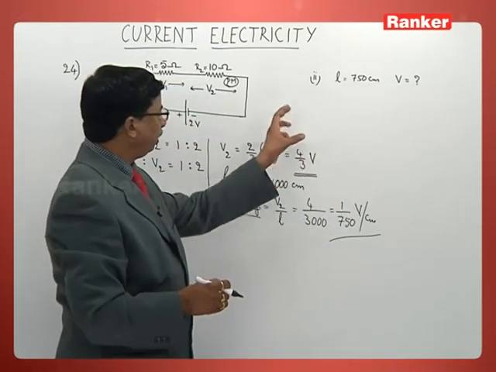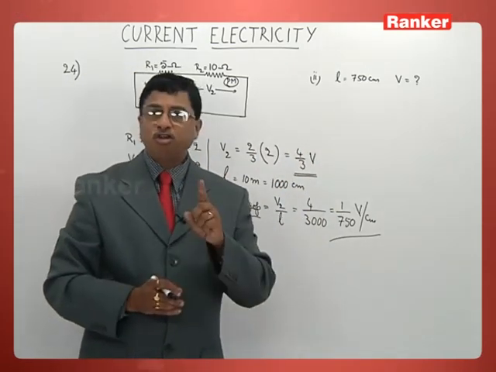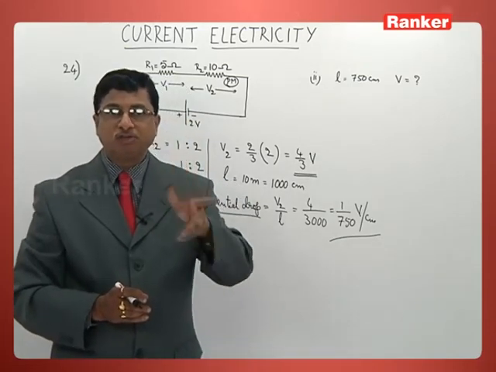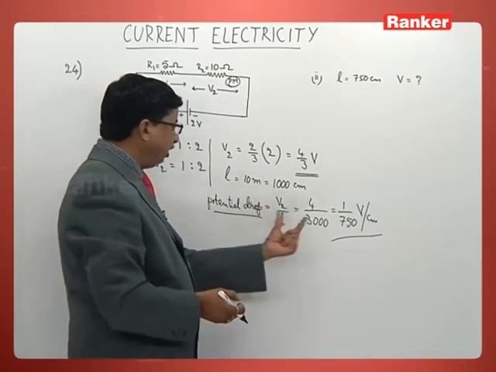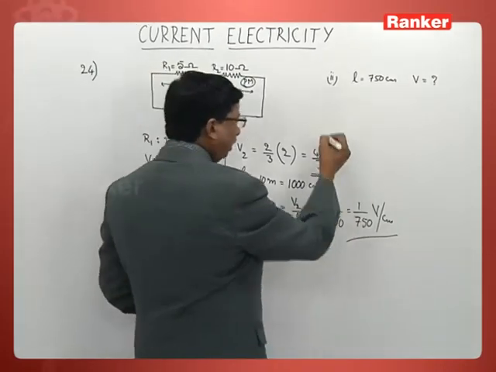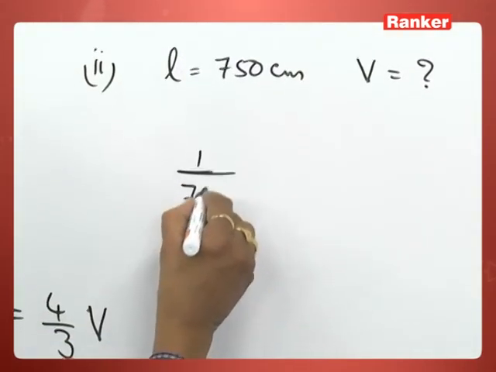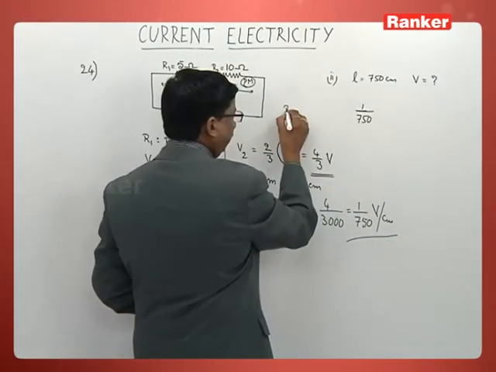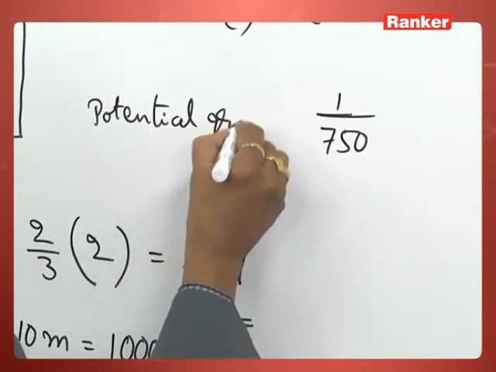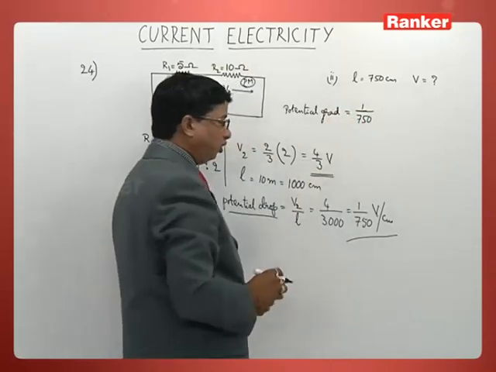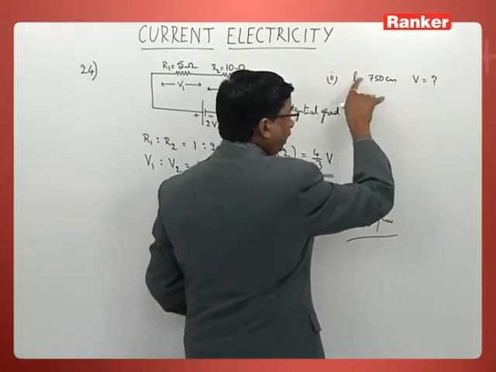So you all know, according to the basic principle of potentiometer, potential gradient should be constant. So what should I write now? Potential gradient over here is 1 by 750. You can understand well. 1 by 750 is nothing other than potential gradient. Now, this value of V by L is how much?